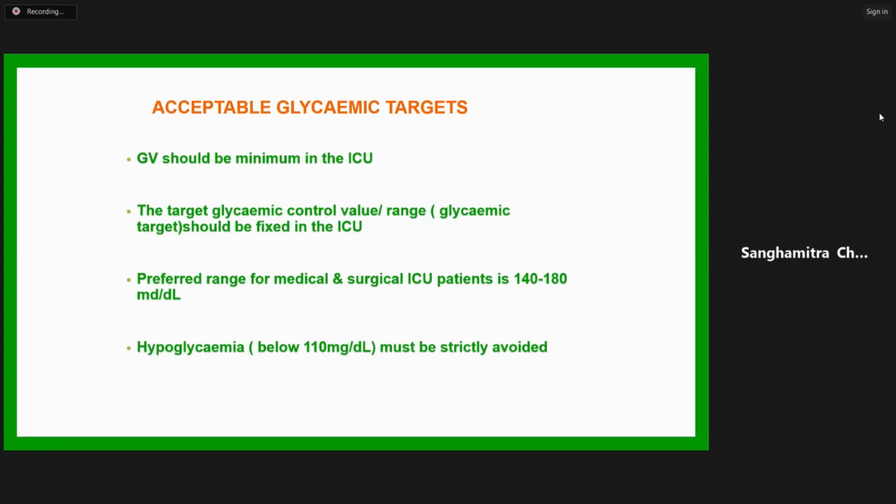It may not be identical for all ICUs, but in every ICU there should be a consensus amongst the treating clinicians, the nurses, and the dietitians that we should have a preferred range for glycemic control. Usually for medical and surgical ICU patients, it has been kept at 140 to 180.